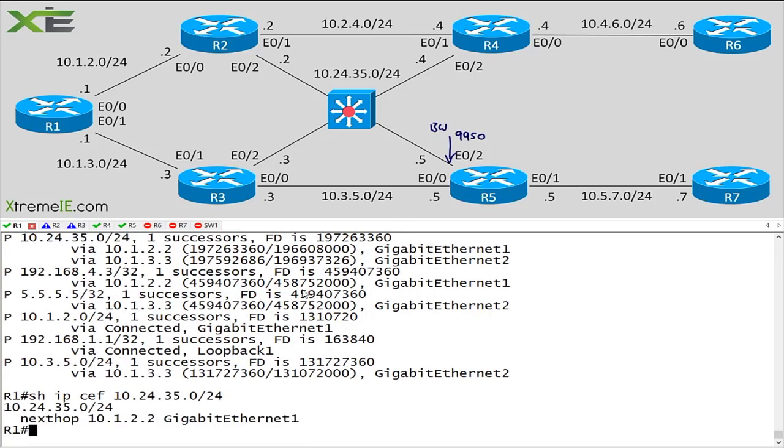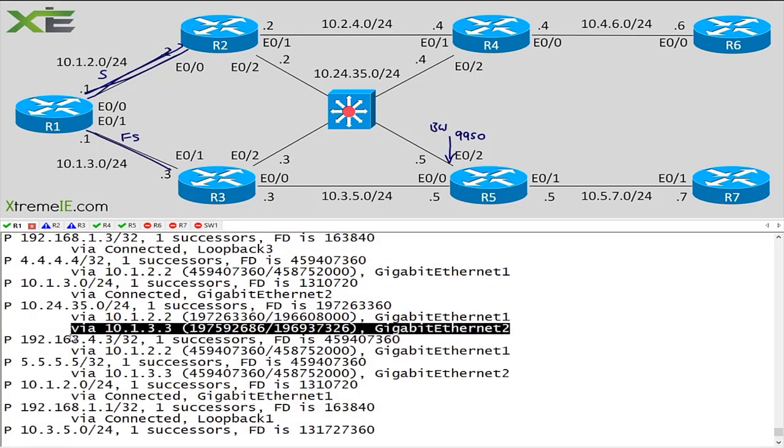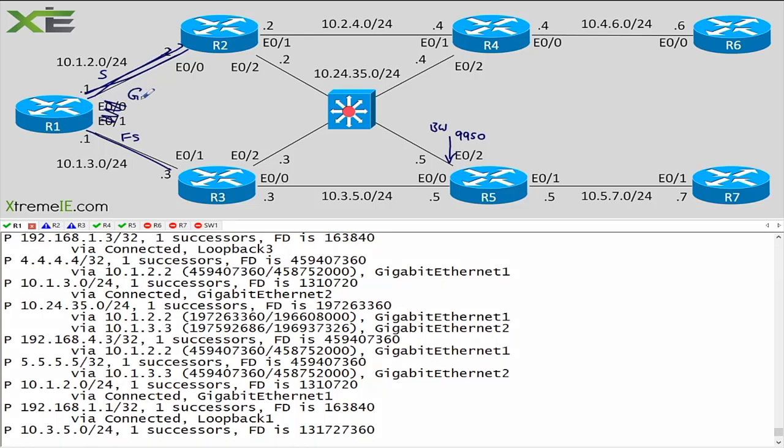So if we go ahead and lose that successor, so let me draw this in here. This successor now is router 2, the feasible successor is router 3, but the problem is that if we lose this guy here, it's not going to be instant. Yes, we have a second path that EIGRP can use when it needs to. By the way, I made a mistake here. I erased the interfaces on you. This is gig 1, this is gig 2.